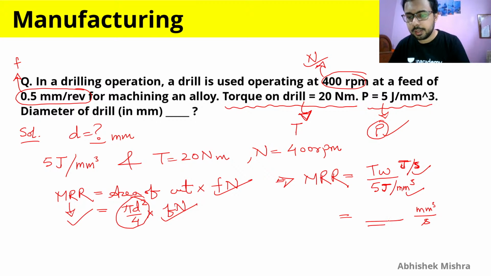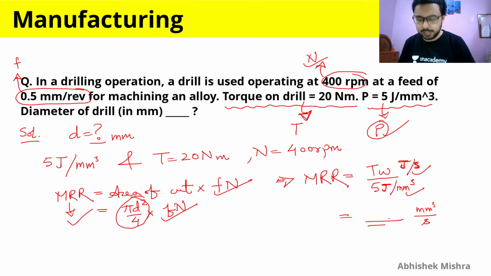We have been provided with the torque and we just have to calculate omega, that is 2 pi n by 60. So here we calculate the material removal rate in a different way. We first calculate torque into omega, that is power, and then divide it by the specific energy, given in the question as 5 joule per mm cube.